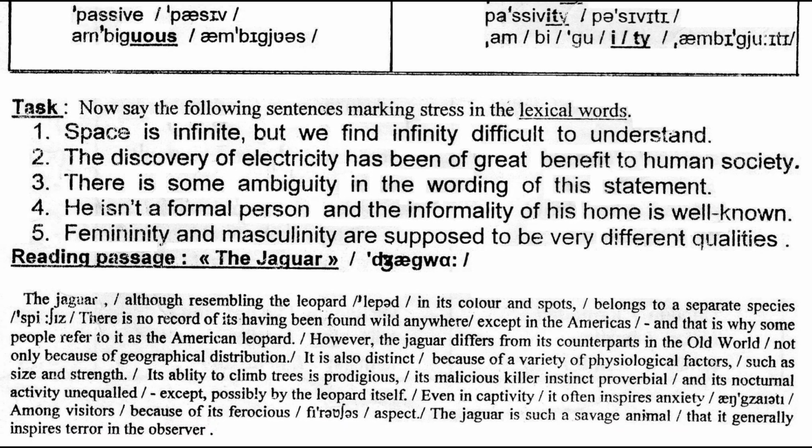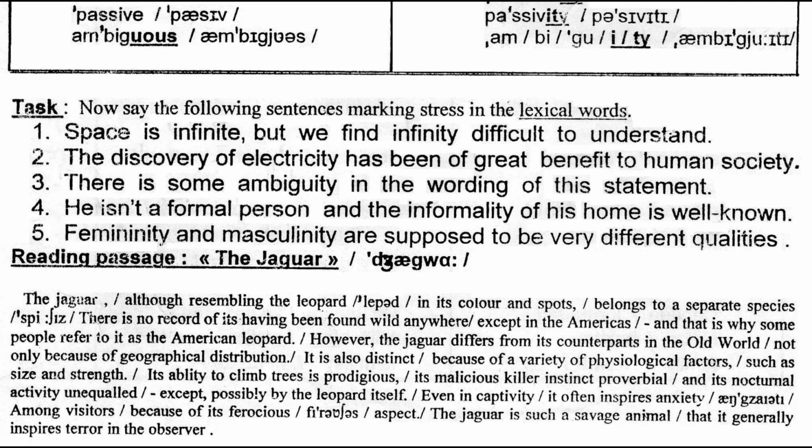I'm going to read the passage for you, and you read it and try to put the stress on the correct words. The passage is entitled The Jaguar, which is an animal that resembles the tiger.